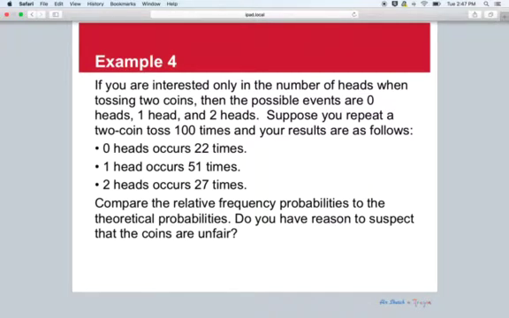In this example, you're interested only in the number of heads when tossing two coins. The possible events are zero heads, one head, and two heads, and you repeat a two-coin toss 100 times, and our results are as follows. Zero heads came up 22 times, one head came up 51 times, and two heads came up 27 times. Let's compare the relative frequency probabilities to the theoretical probabilities, and see whether we have a reason to suspect that the coins are unfair.